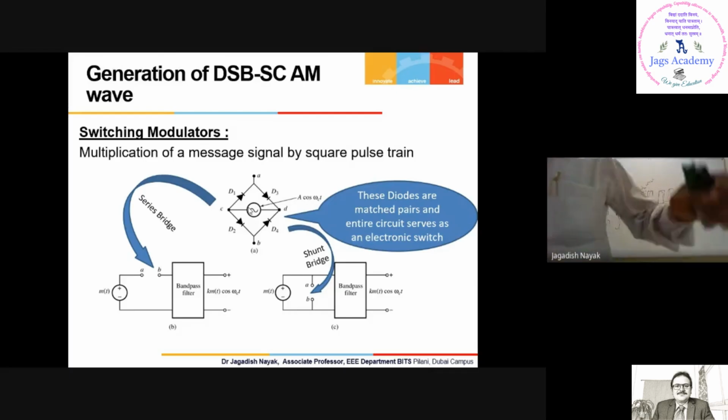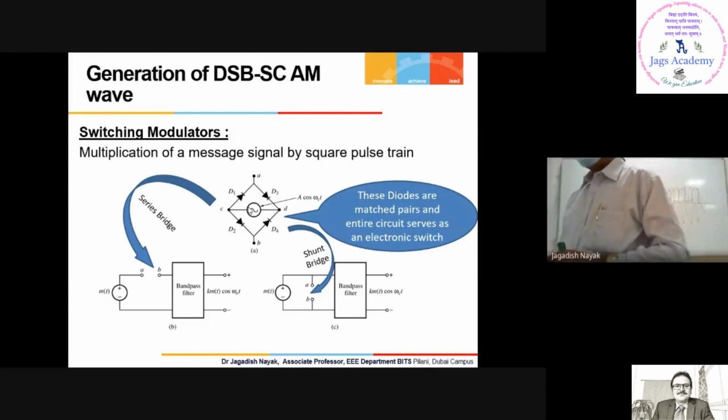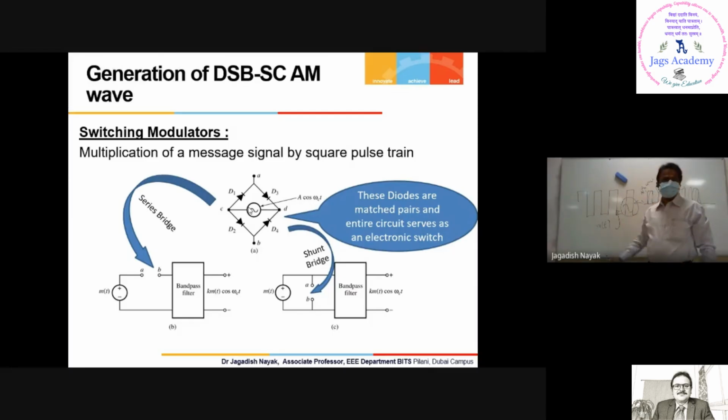The Fourier series expansion of the square wave will give you, this square wave frequency is omega c. This is the waveform between A and B for this carrier signal. This is the square wave, and it can be represented using a Fourier series representation.